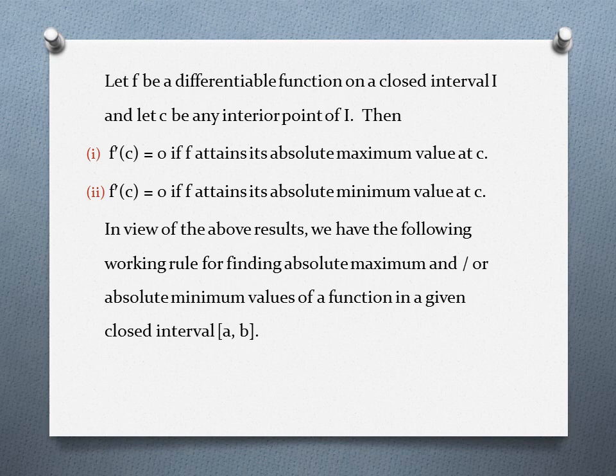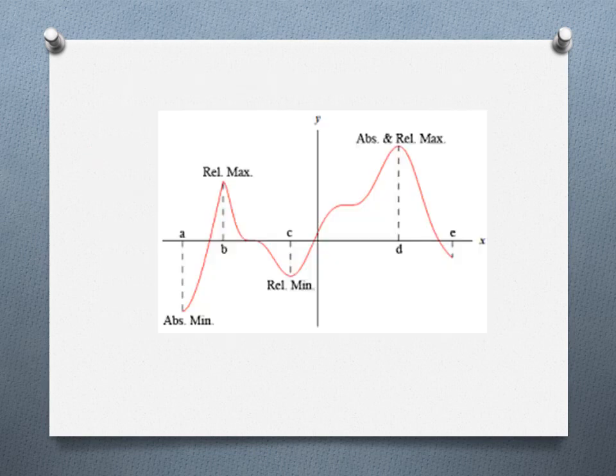First condition, f dash of C equal to 0 if f attains its absolute maximum value at C. Second, f dash of C equal to 0 if f attains its absolute minimum value at C. In view of the above results, we have the following working rule for finding absolute maximum or absolute minimum values of a function in a given closed interval a, b.